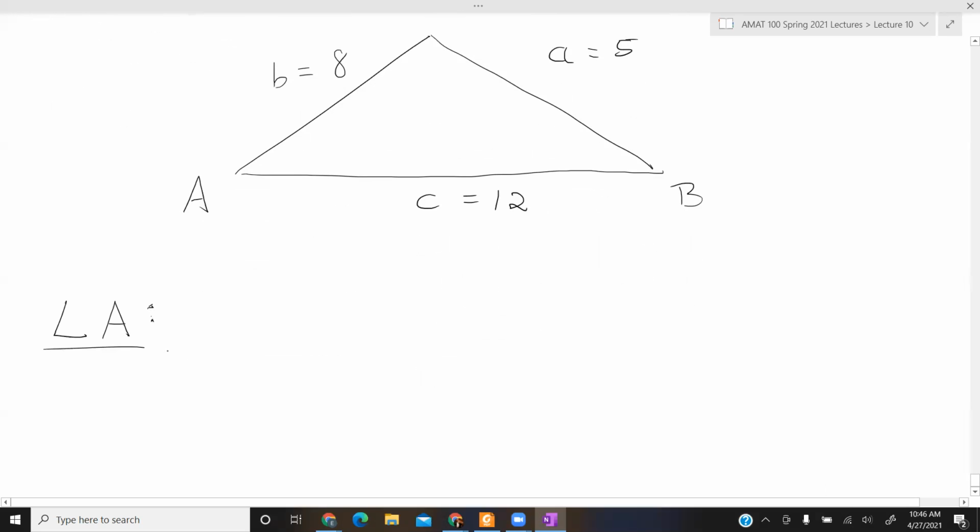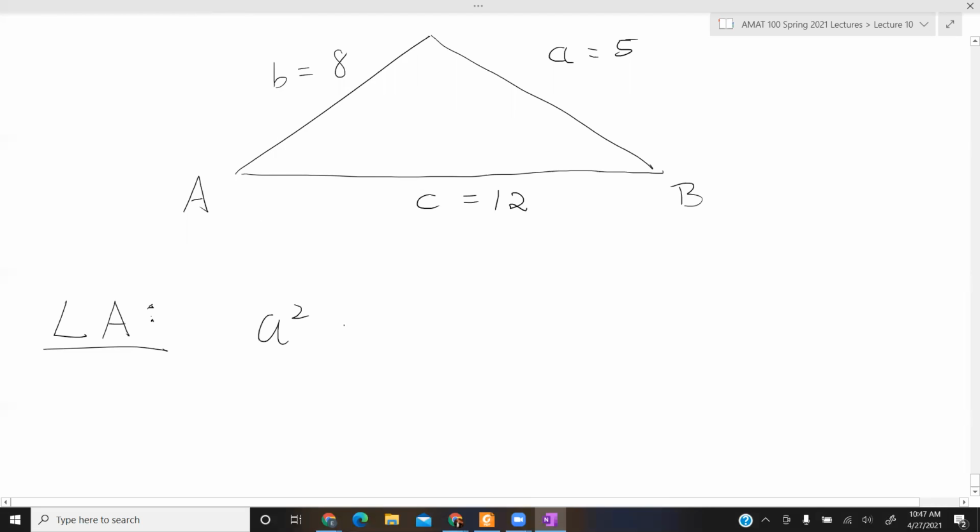So let's find angle A. Remember, the equations have cosine of some angle on the right-hand side. We want the one that has cosine of A in it. If you have cosine A on the right-hand side, then the thing on the left-hand side is going to be a squared. That's how you remember these equations.